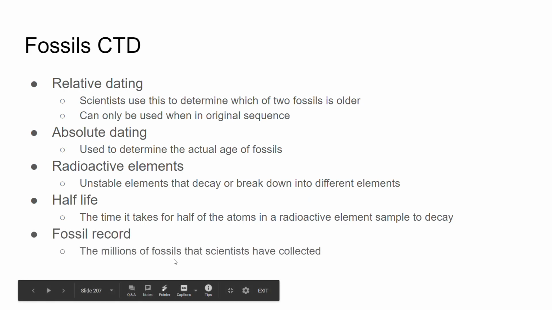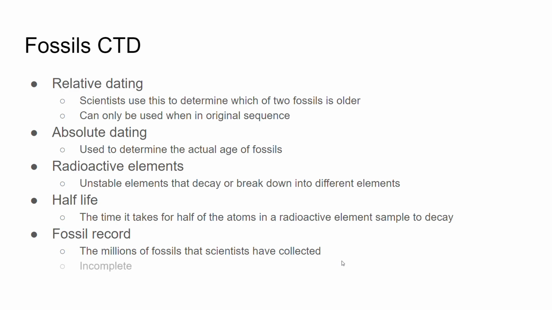Our fossil record is just the millions of fossils that scientists have collected. Nothing more than that, nothing crazy. It is incomplete. We do not have all of the fossils. Fossils are hard to come by. They just don't happen often, right? The making of them doesn't happen often.